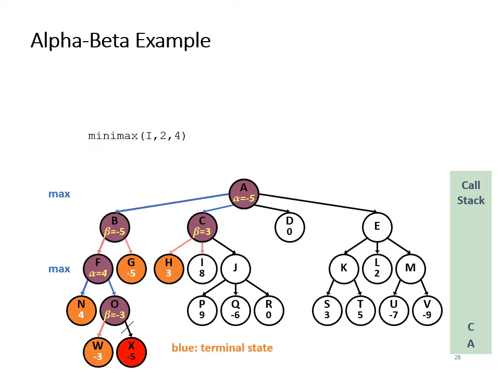So this value may be less than or equal to 3. It depends on the values of I and J. I's value is 8. Beta needs the minimum value, so we cannot use this value. Now we will explore J, and the value of J depends on the values of P, Q, R. So first of all, in that depth-first manner, we have to assign the value of J to 9.